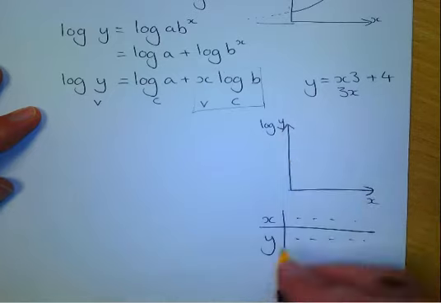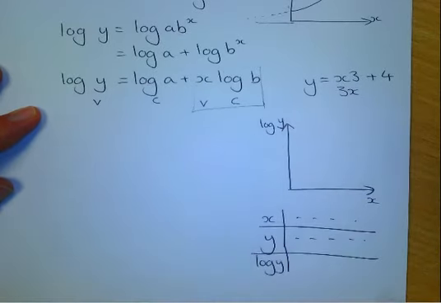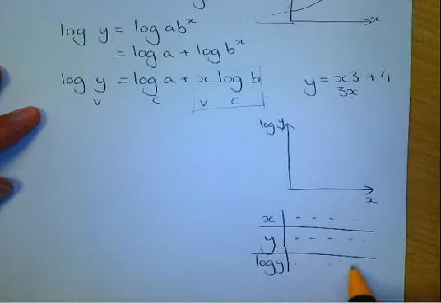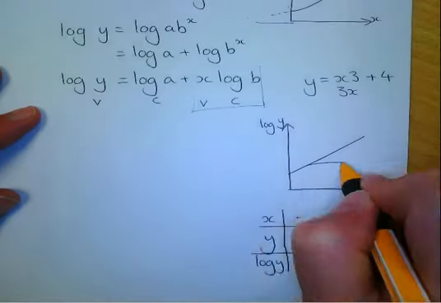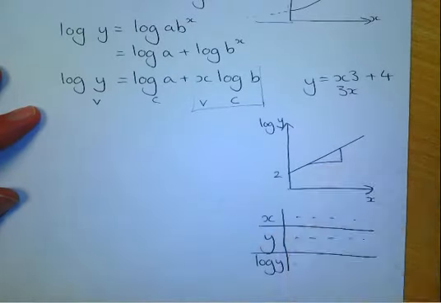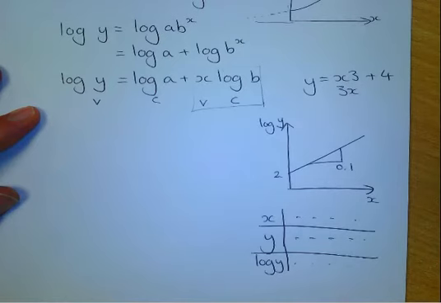I only need to find log of y. Okay, so I'd only be doing log of this value, log of this value, log of this one, log of this one. And again, I would get a straight line. So let's make that 2, let's make this 0.1 for example. I'm just making those numbers up because I haven't got any data here.